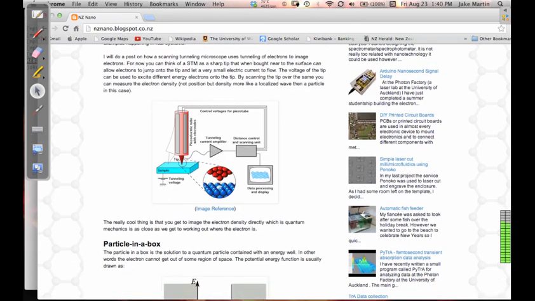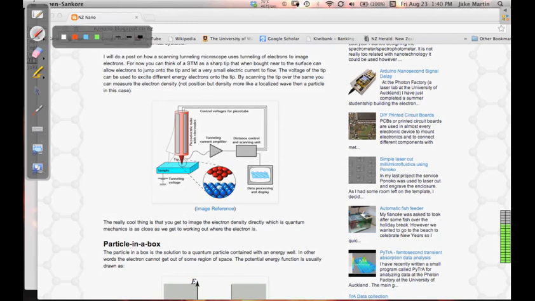So the first thing you need to know is that the experiments use what's called an STM, a scanning tunneling microscope. Basically, the way this works is that you move a tip over the surface of a sample, and you have a voltage between the two, and electrons tunnel up into the tip, and you measure some sort of current.